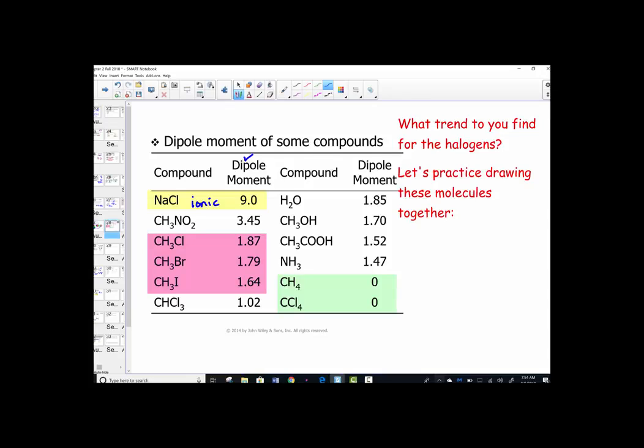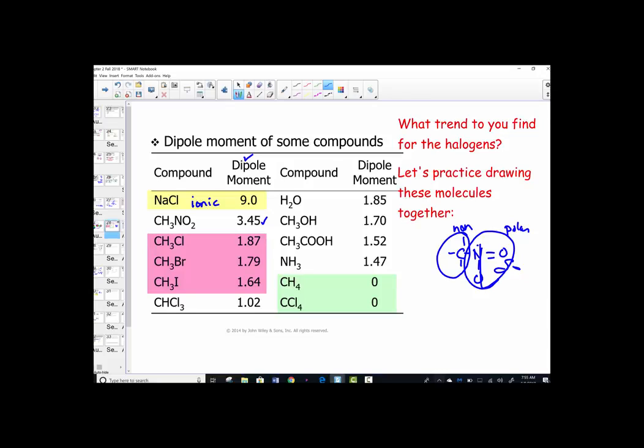We see that, for example, when I draw CH3NO2, we would have a resonance structure there. We have a very polar region attached to a nonpolar region. So we have this very extensive negative region here, and thus I would anticipate a very high polarity.